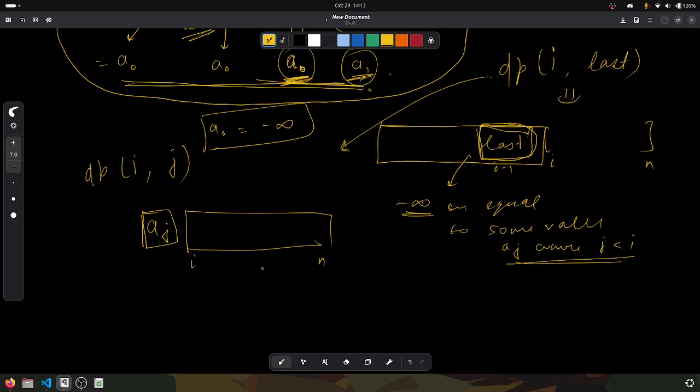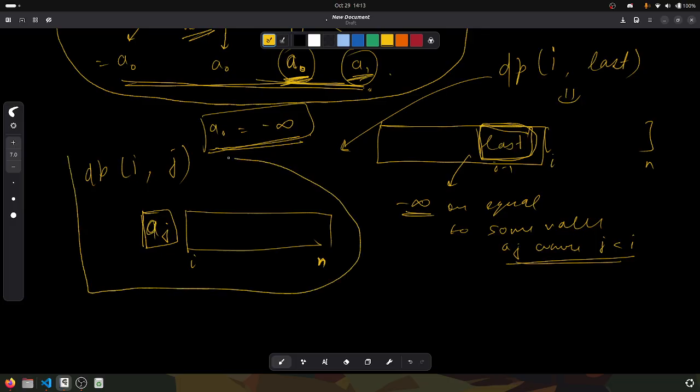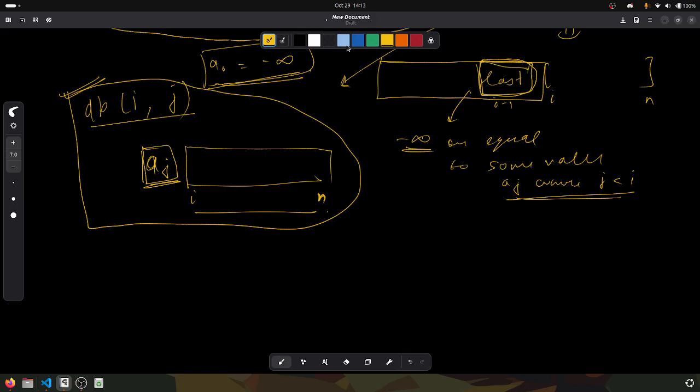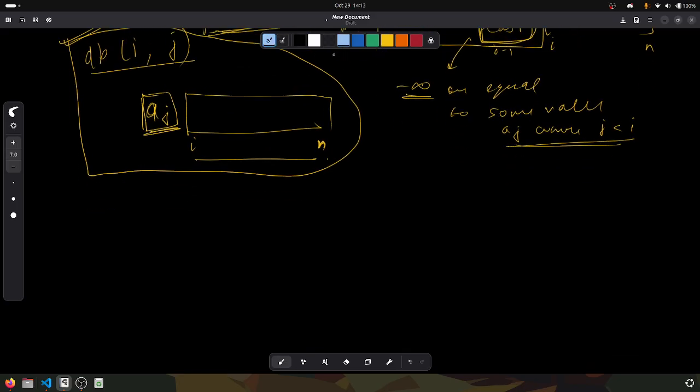So we will solve the question in 1 based indexing and consider a0 as minus infinity. Let's define this state as dp i j, which stores the answer from i till n where the last element before i is aj. Let's now try to make the transitions from here.